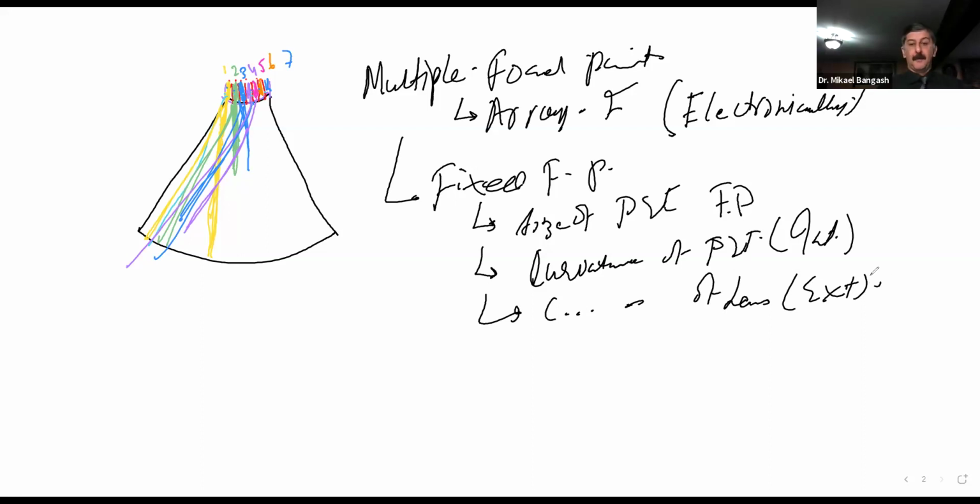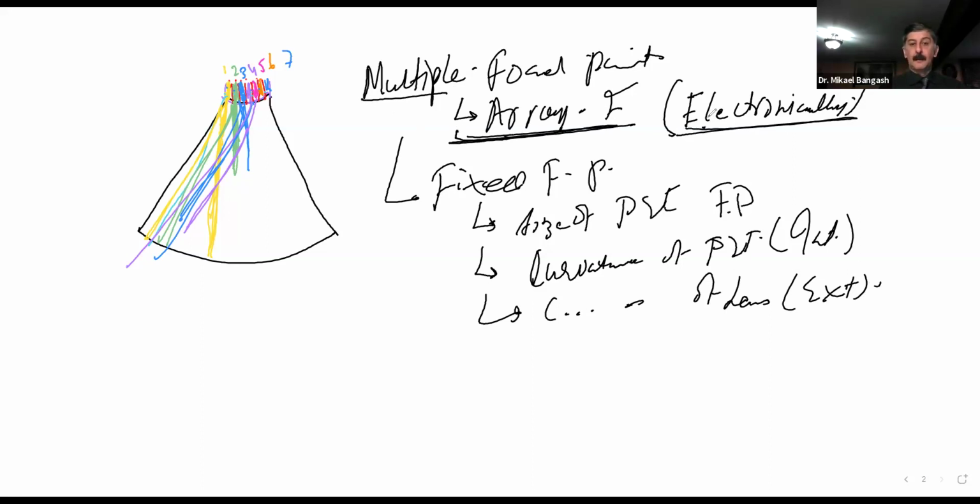But for most of our array focusing transducers, that focus is going to be controlled electronically.